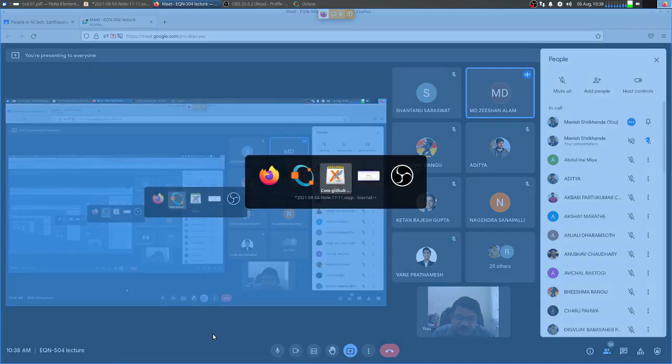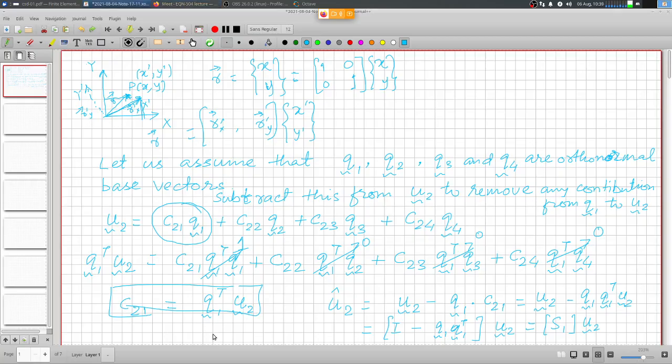How come q2 is equal to that? No, what I'm referring to here as u2 hat, I'm writing as q2. This vector that you see here, u2 hat, I'm calling q2 because there is no way I can possibly type this hat character on the command line.